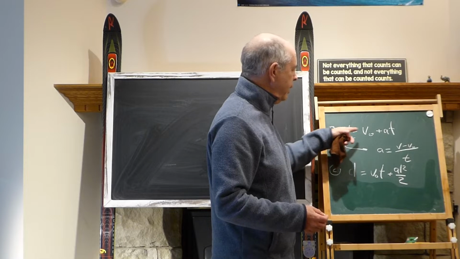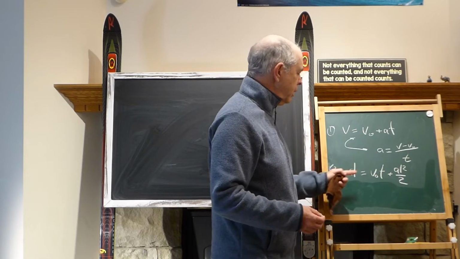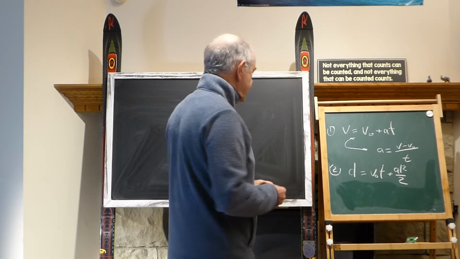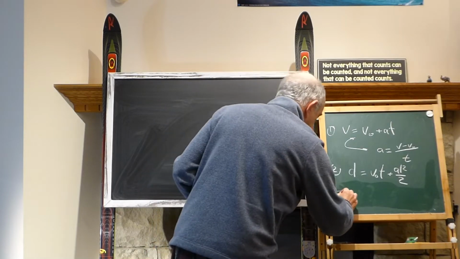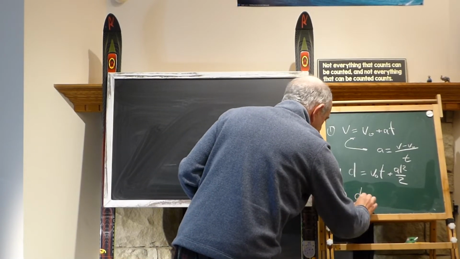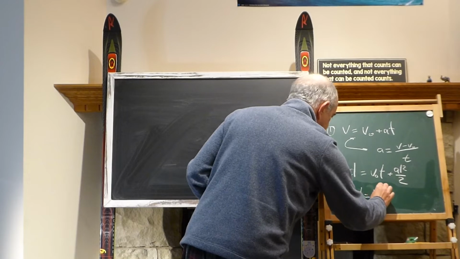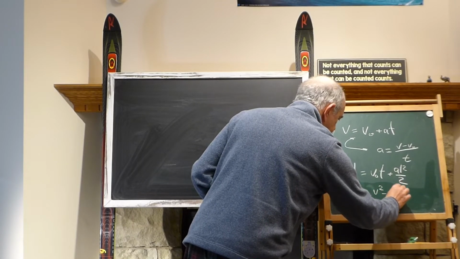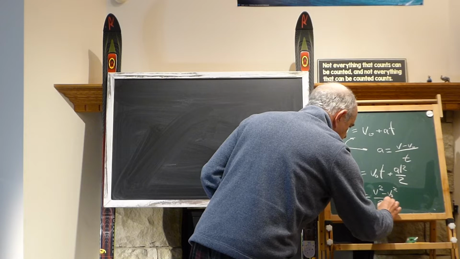It will contain v, v0, a, but no t, and this would be distance. D equals v squared minus v0 squared divided over 2a.